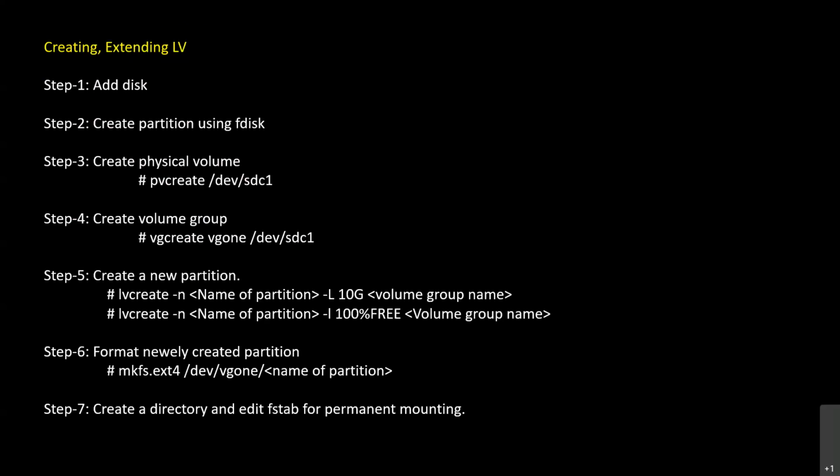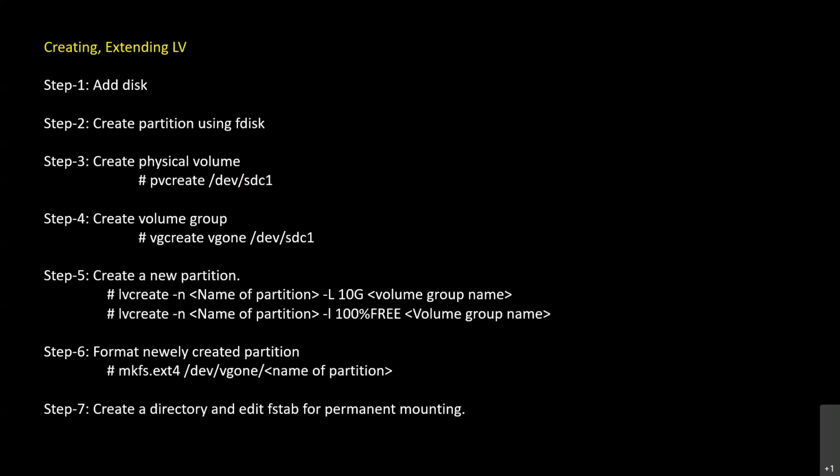Here lvcreate -n, we simply give the name of the partition, and -L 10G means the partition will be created with 10 GB of space, followed by the volume group name in which we are creating the logical partition.